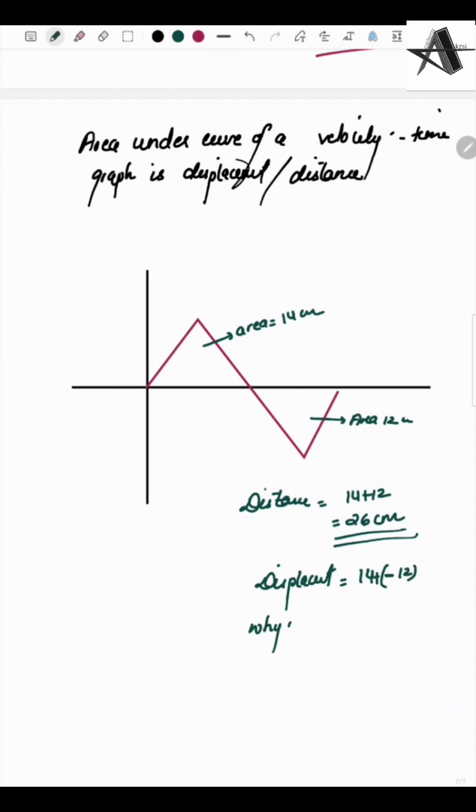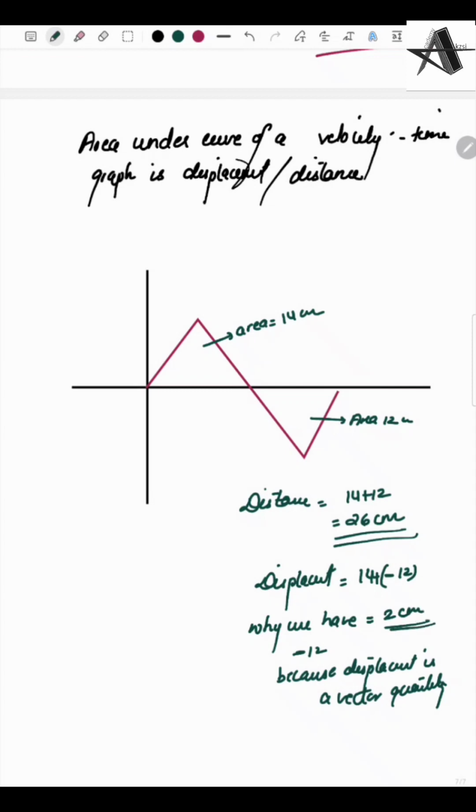Why have we taken negative? Because displacement is a vector quantity, and we have negative velocity, so that's why it should be negative. Answer is 14 minus 12, 2 centimeters.